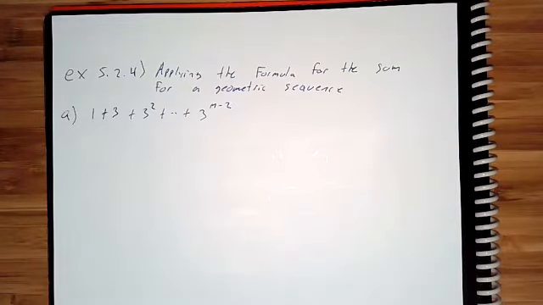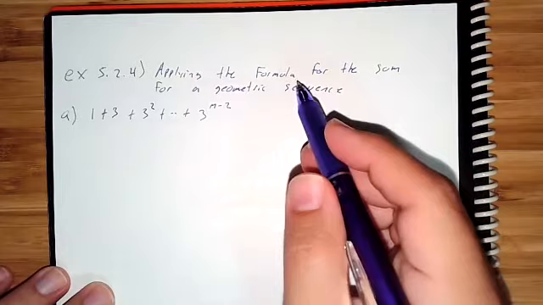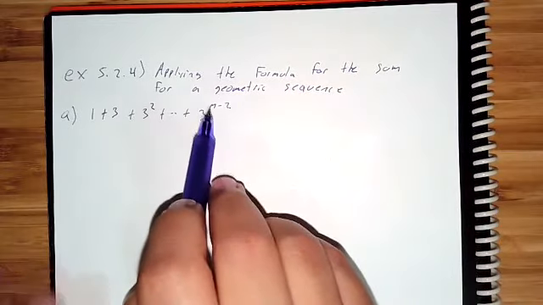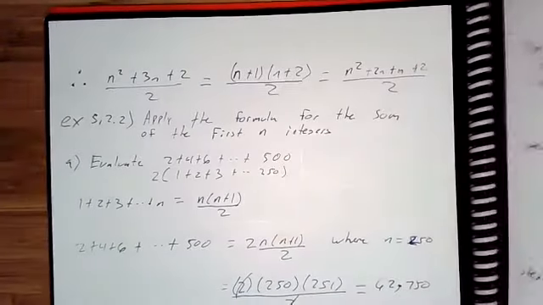All right, let's try applying the formula we just proved. So applying the formula for the sum for a geometric sequence. Well, honestly, I think that's a weird way to phrase it. A sum of a geometric sequence is the same as a geometric series, but anyway, it's whatever. So this right here is going to be like my R. Remember the formula says, let's look at our formula, I already forgot.